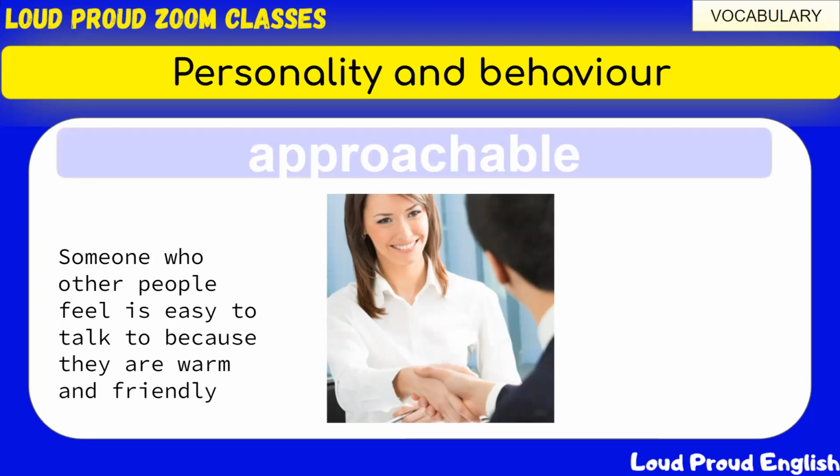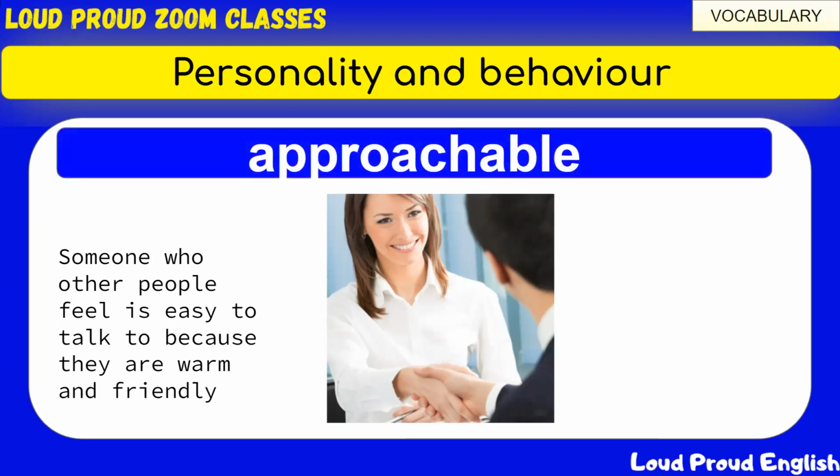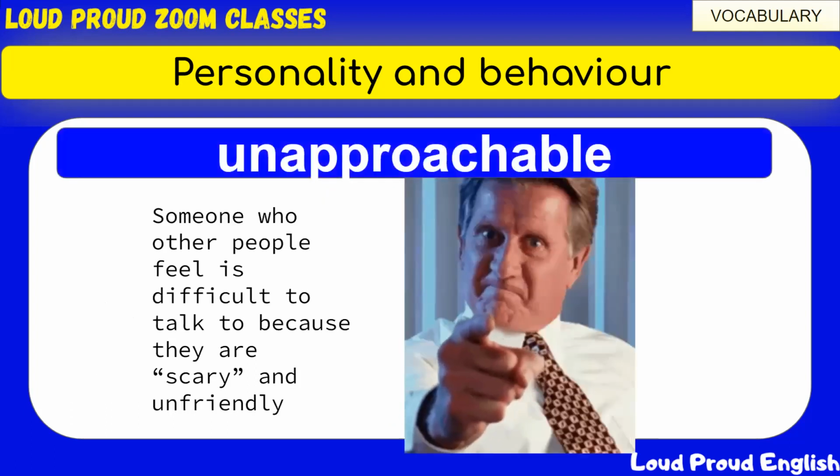This person is approachable. An approachable person is easy to talk to because they're usually warm and friendly and maybe welcoming. So yeah, we have approachable people and then, of course, unapproachable people.